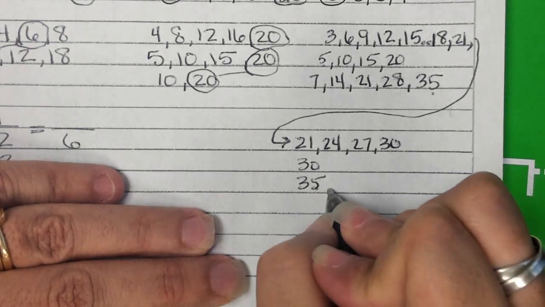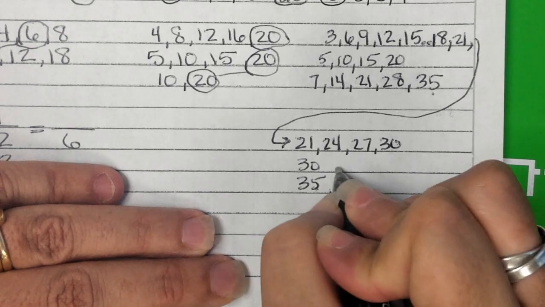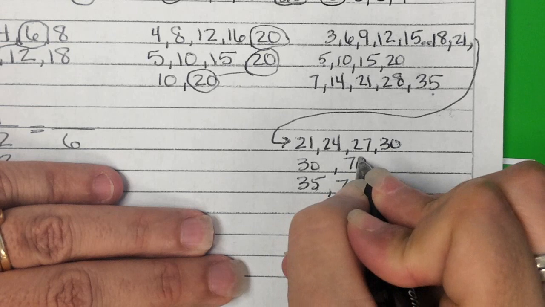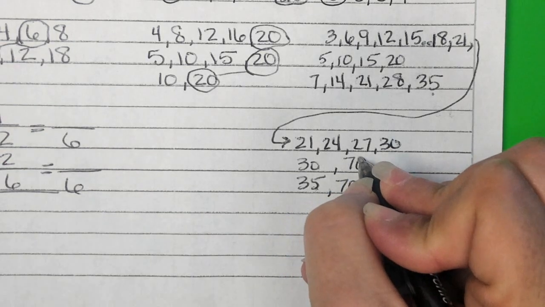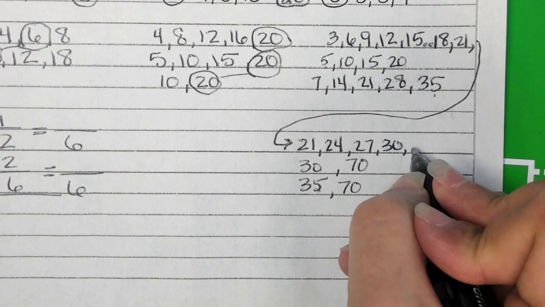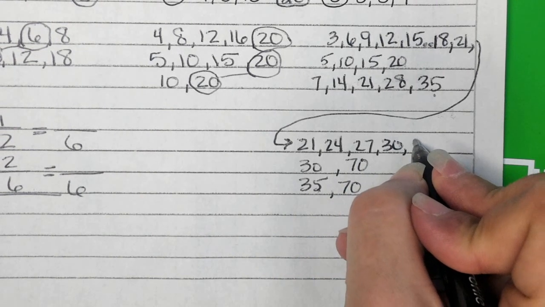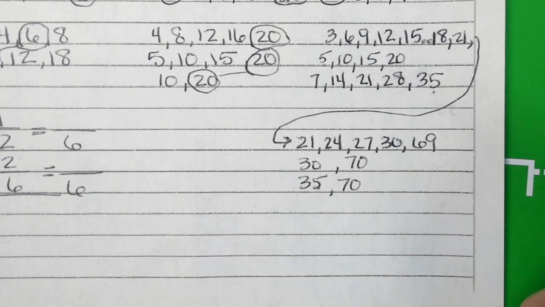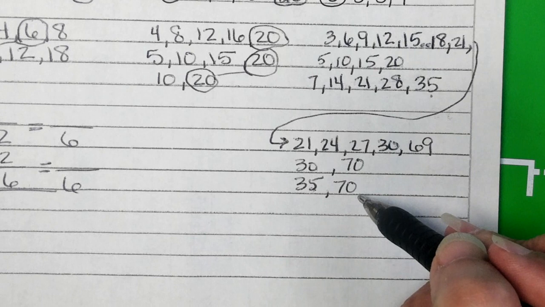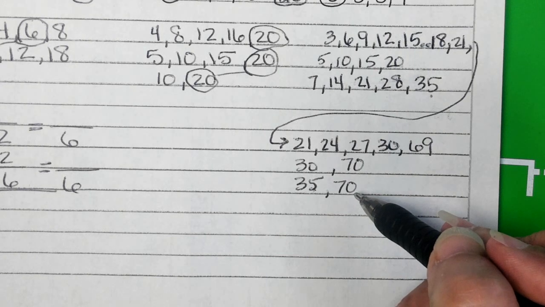And then, let's see, this would be 70. I'm having to just mess with this one. This one's tough. So if I added 35 more, it would be 105.